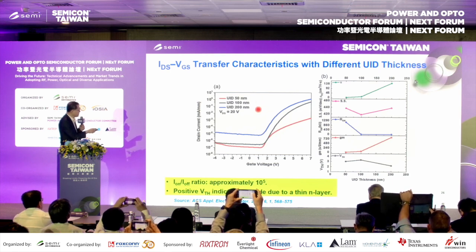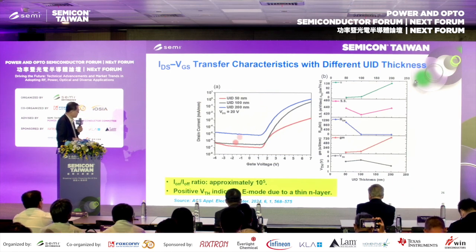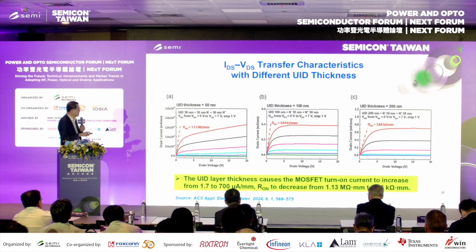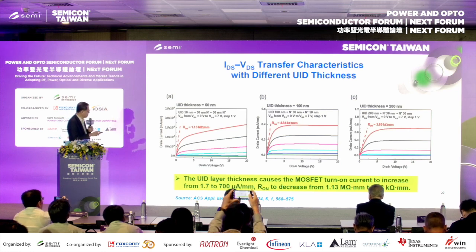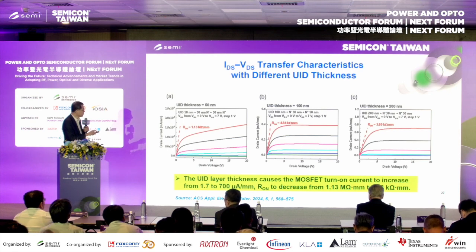The effect of the UID is that it will control the I-on and I-off ratio, approximately 10 to the 5. And also the positive VTH indicates E-mode due to the thin N layer. This shows the UID thickness affects the turn-on current.